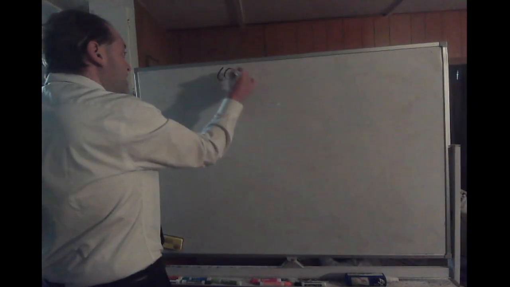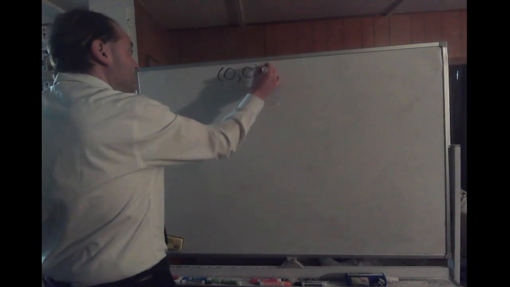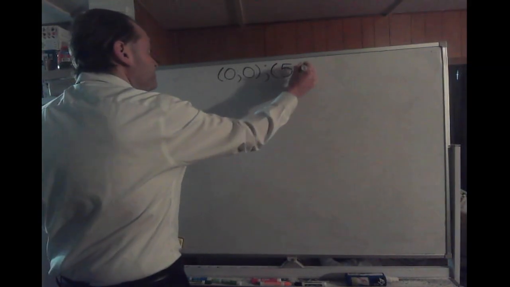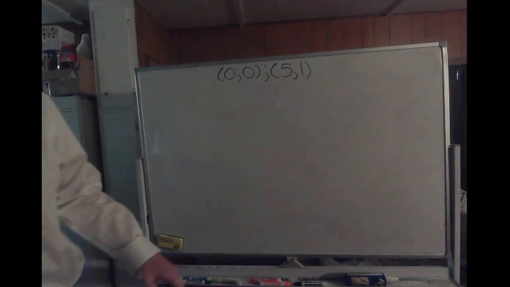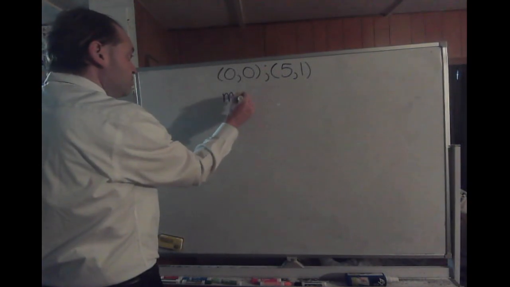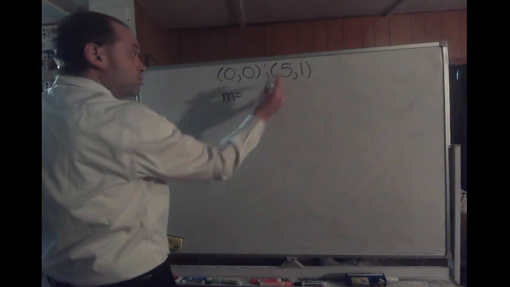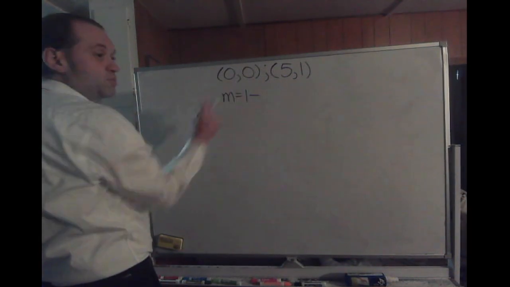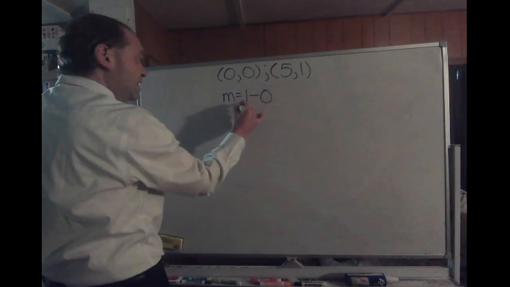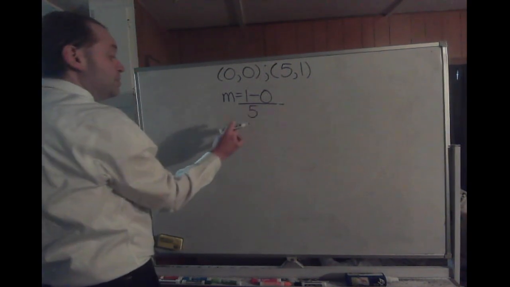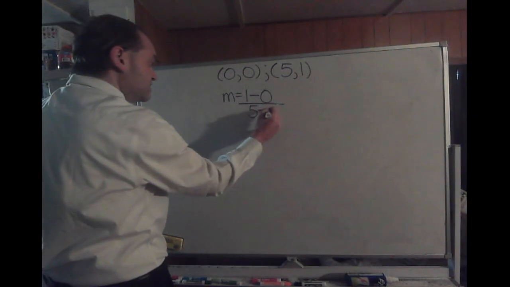All right, so we've got to find the slope between 0, 0, the origin in other words, and then 5, 1. So take m for your slope, set it equal to your second y coordinate of 1 minus your first y coordinate of 0, divided by your second x coordinate of 5 minus your first x coordinate of 0.